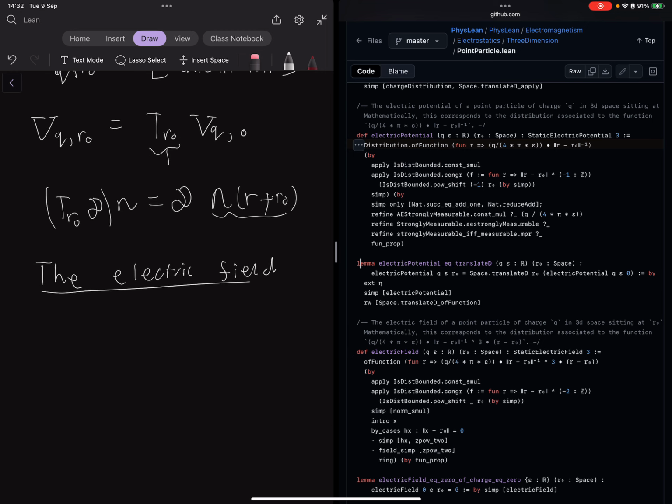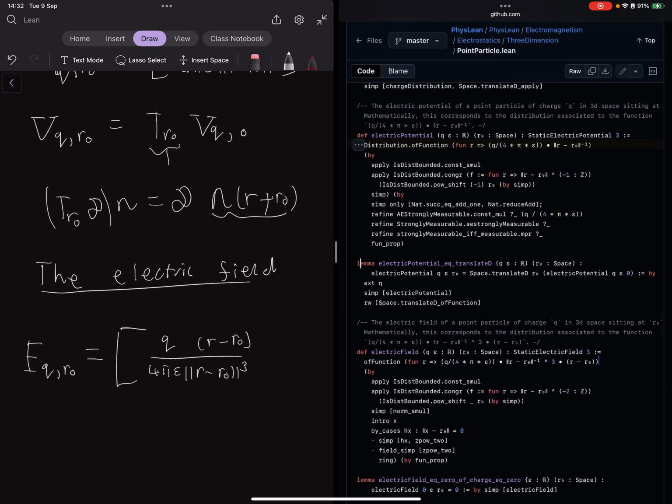So the electric field is again the distribution corresponding to a function. And what is that function? So this function takes r as an input, and it is q over 4 pi epsilon, and I'm basically just reading off here at this point, times by r minus r naught cubed, and this is all times by r minus r naught.